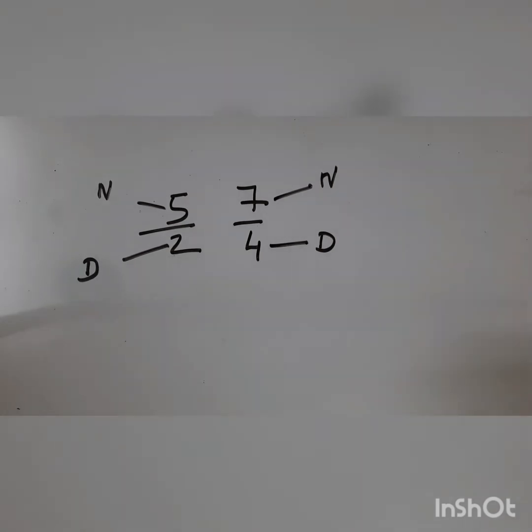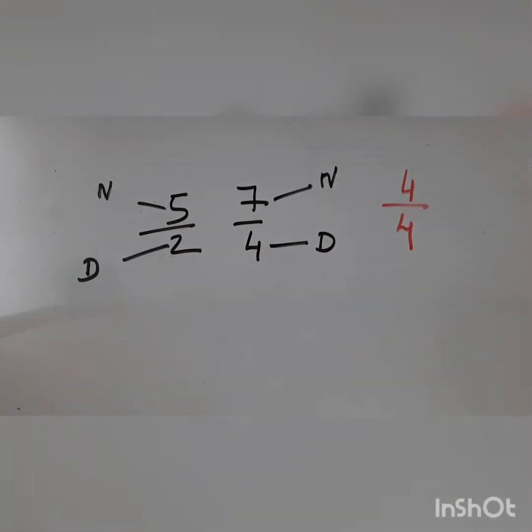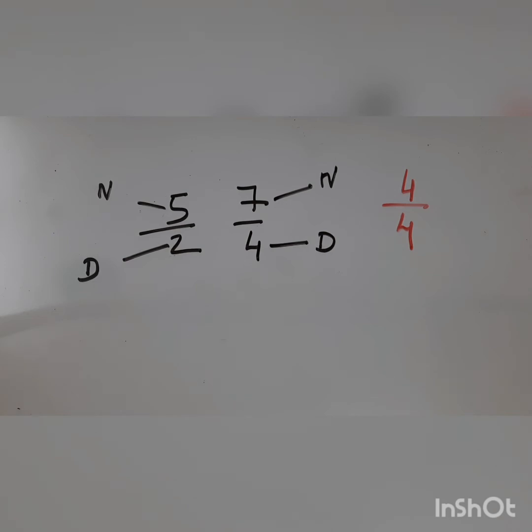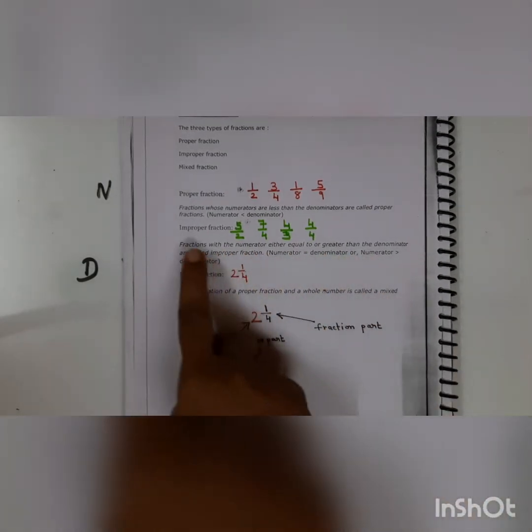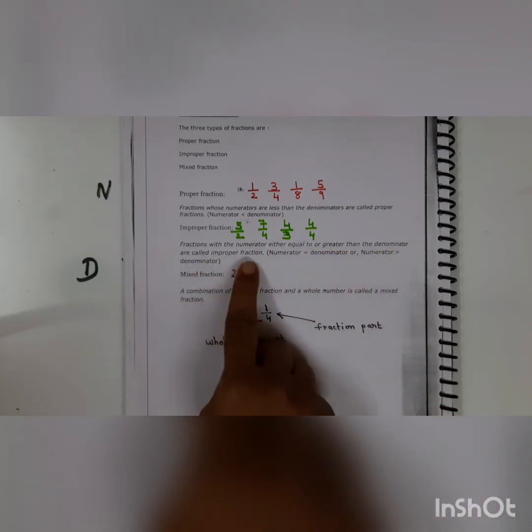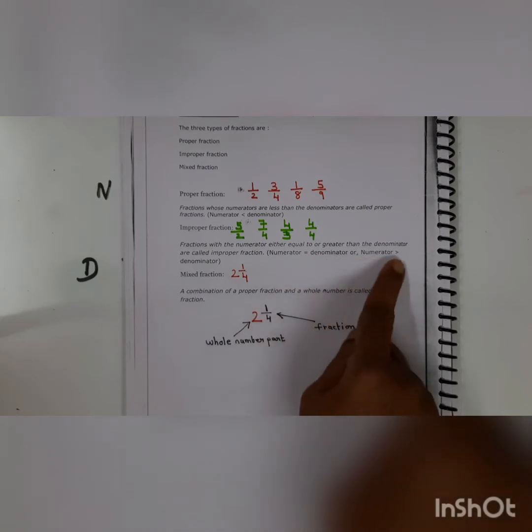It could even be equal. So these are all improper fractions. This is what we had done today. Remember what we wrote. Improper fractions: fractions with the numerator either equal to or greater than the denominator are called improper fractions. Numerator is equal to denominator or numerator is greater than the denominator.